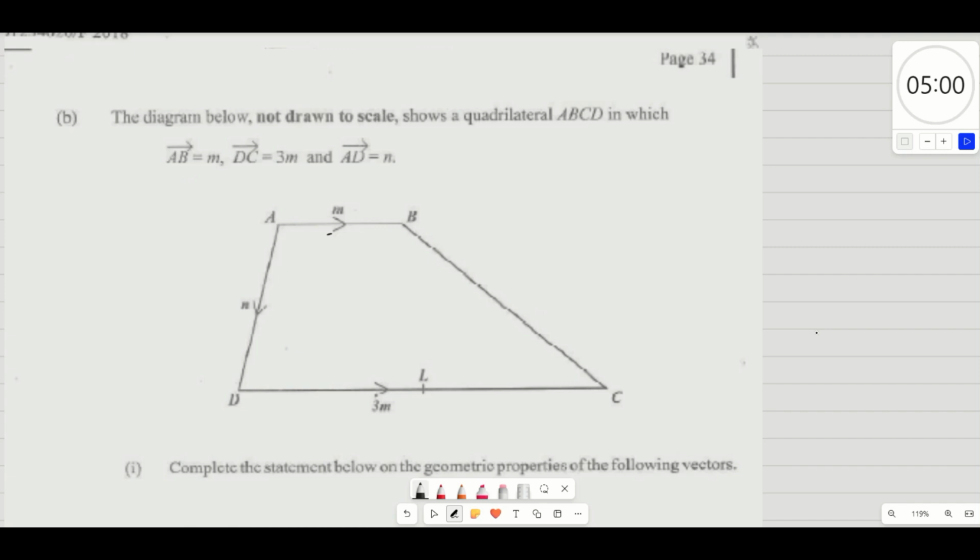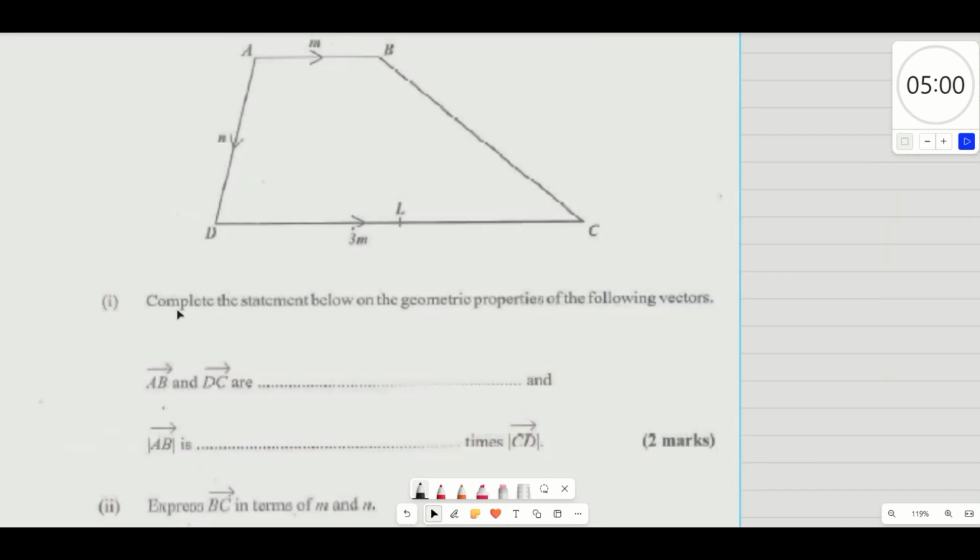we say that the vector is a scalar multiple of another vector. So if you look at m multiplied by what would give you 3m? You can clearly see it's multiplied by 3. So we know that DC is a scalar multiple of AB. They said, complete the statement below on the geometric properties of the following vectors.